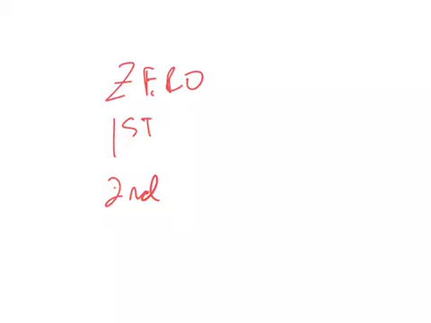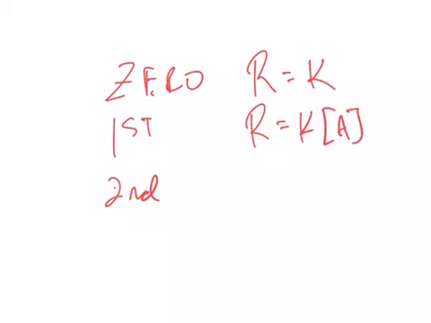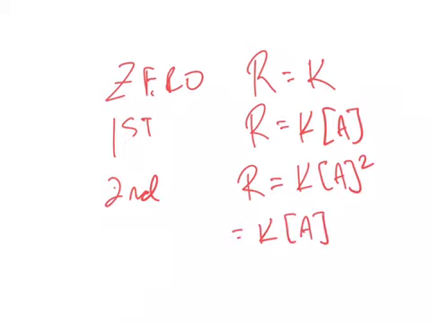If it's zero order, your rate just equals K. If it's first order, it's going to be R equals K times maybe the concentration of A. If it's second order, your rate's going to be K times maybe A squared. It might also be written as K times the concentration of A times the concentration of B.